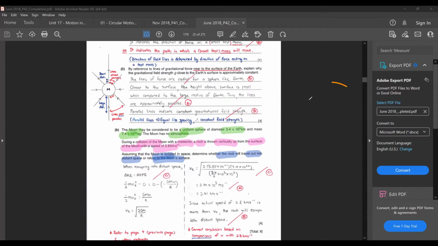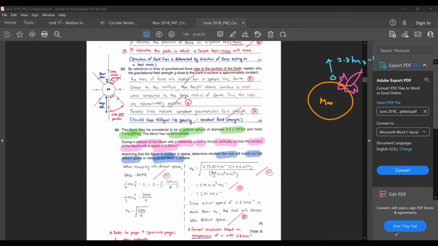So you can kind of visualize that this is the moon. You have a meteorite that somehow hits the surface of the moon, like so. And then after that, it causes a rock to be sent flying off with a speed of 2.8 km per second.